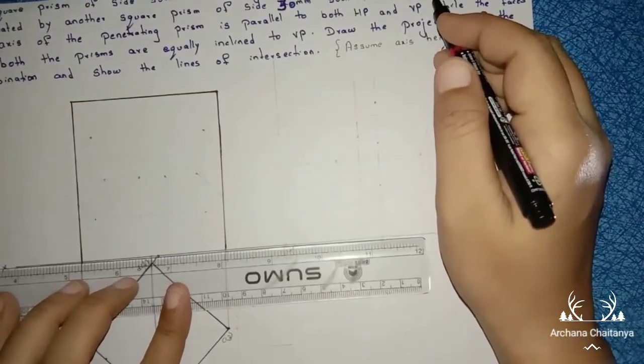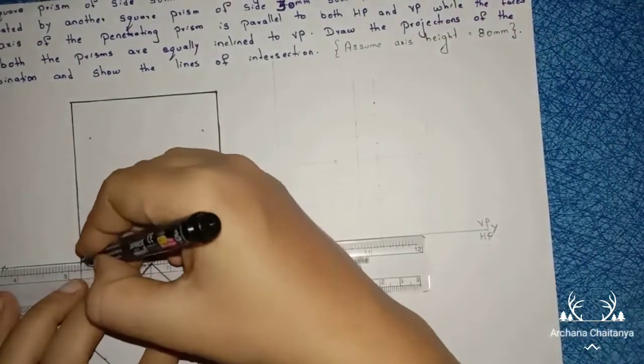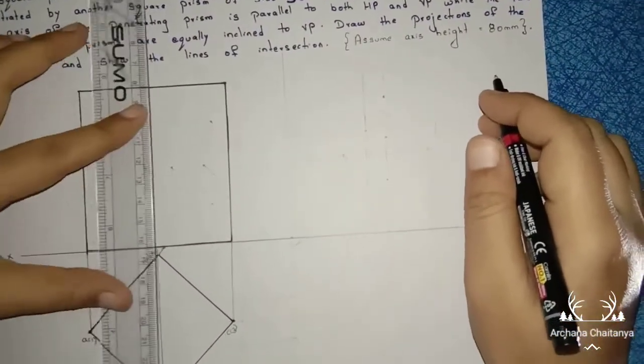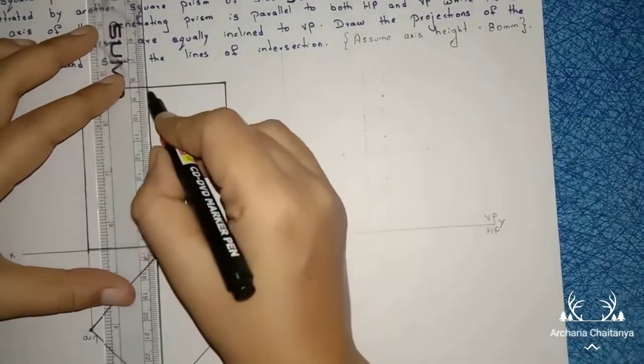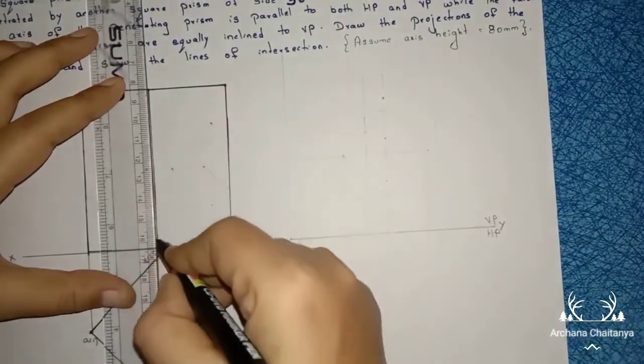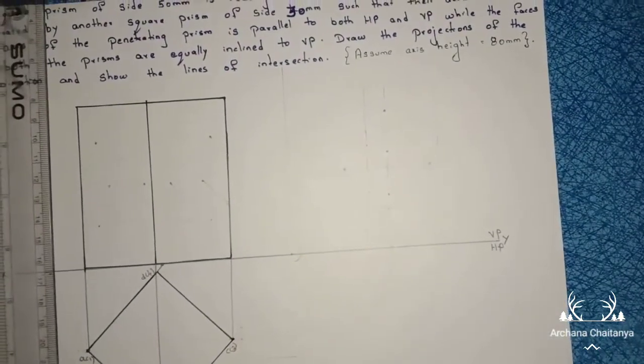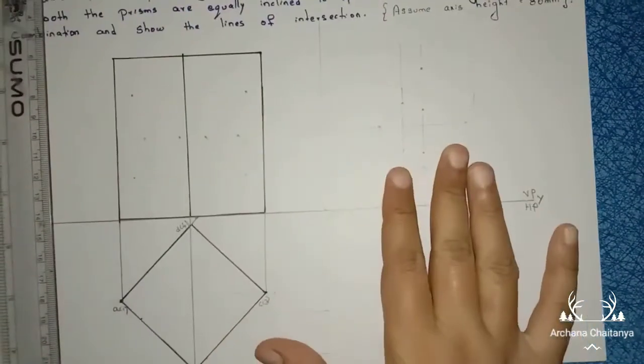Here also 80 mm. So this is your axis line, 80 mm, which is joining these two corners.